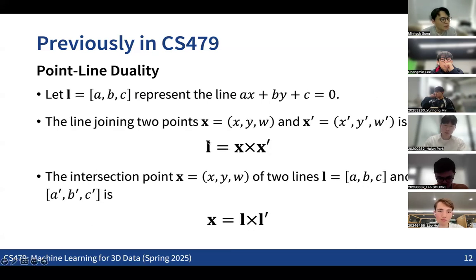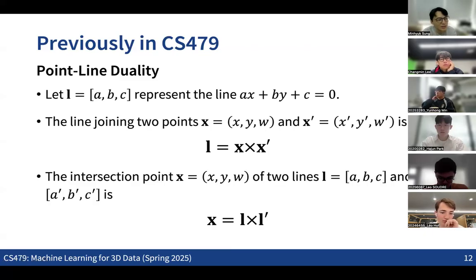And we could also see some duality, a relationship between points and lines. When we represent the line with parameters, where A, B, C stand for the parameters of the line equation, we can define the line joining two points by taking the cross product of their homogeneous coordinates, right? We have homogeneous coordinates both for the points and the lines.